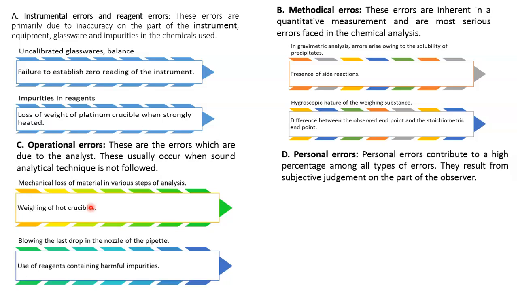Now these errors are due to the analyst. That means if your analyst is not trained properly, it can lead to operational error. Mechanical loss of material in various steps of analysis. Suppose you have a multi-step experiment. You are not careful and you may lose your substance in the process of transferring from one container into another container. Weighing of hot crucibles. We always tell you whenever you do gravimetric analysis, do not weigh hot crucibles.